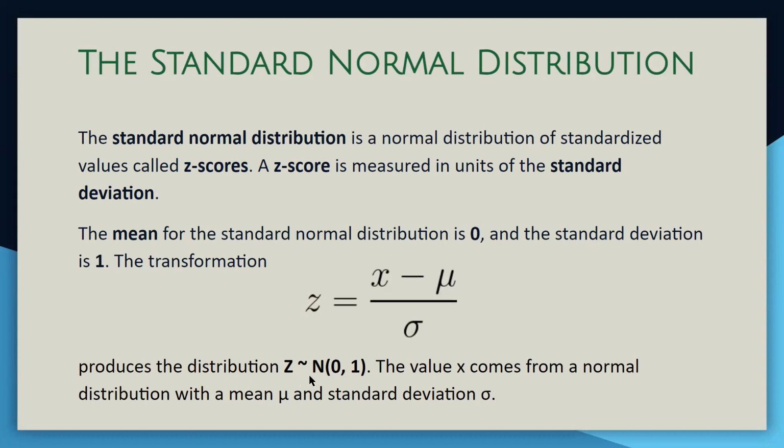Z is a normal distribution with mean 0 and standard deviation 1. The x value comes from a normal distribution with mean mu and standard deviation sigma. So for z's, the mean is 0, the standard deviation is 1. For x's, that mean and standard deviation are specific numbers that are not likely 0 and 1.